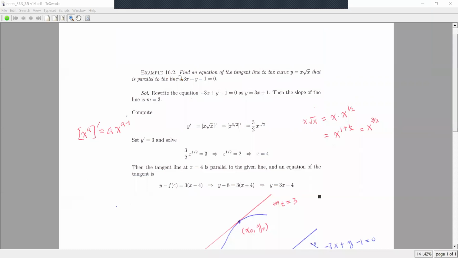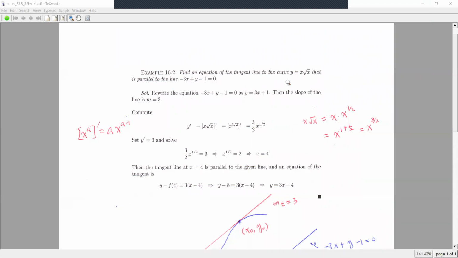Example 2. Find an equation of the tangent line to the curve of this function that is parallel to this line. About this line, if we move -3x and -1 to the right side, then we see that the slope of the line is +3.